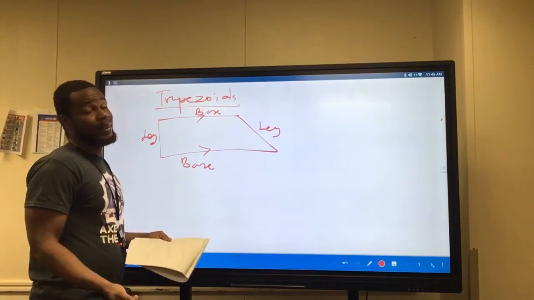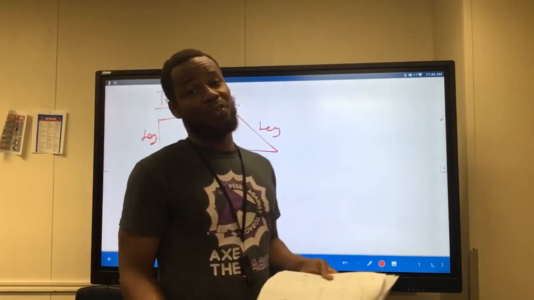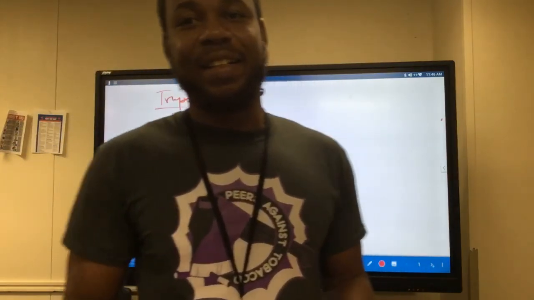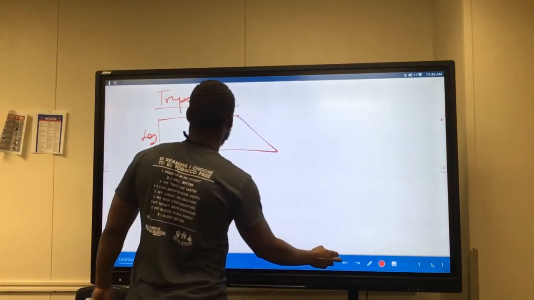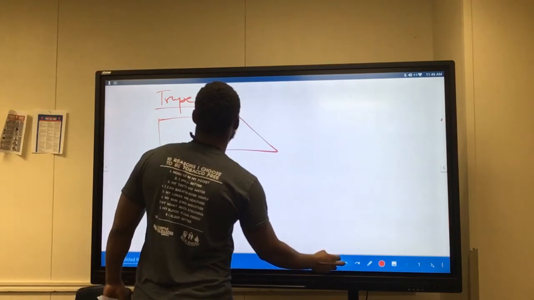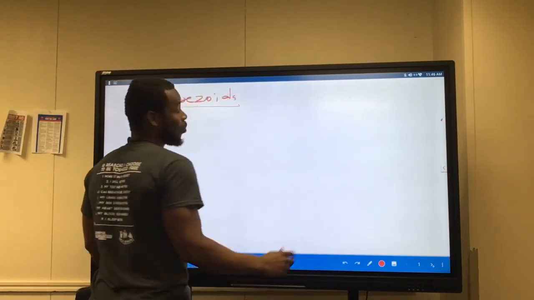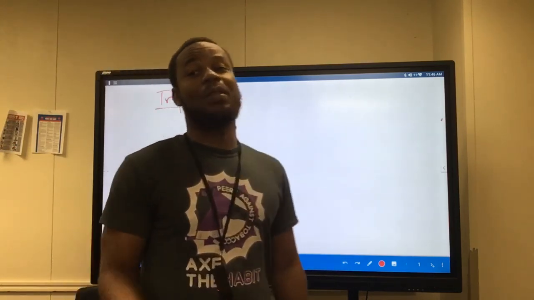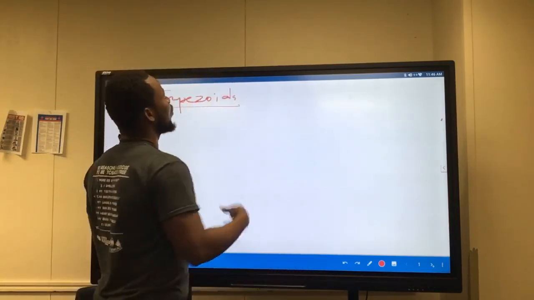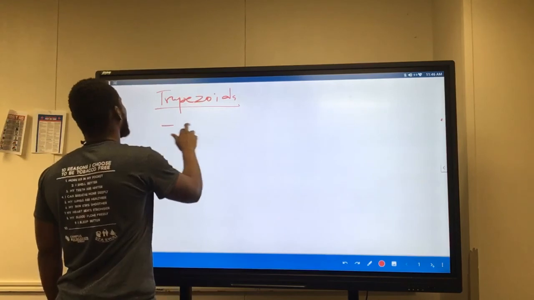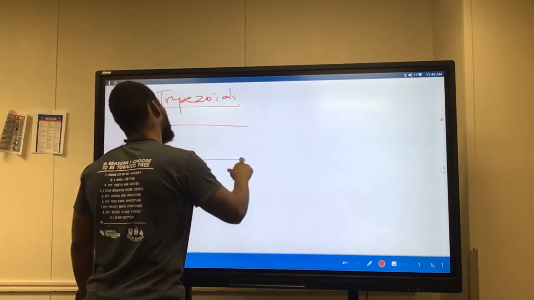Now, there's a special type of trapezoid that I want us to look at, called the isosceles trapezoid. Remember, we have an isosceles triangle, in which two sides are equal. In an isosceles trapezoid, we are expecting that two of the sides should be equal. I have a parallel line this way.